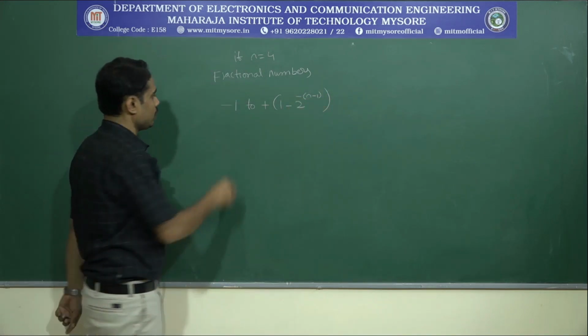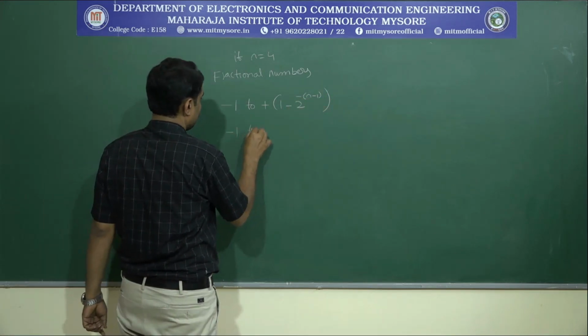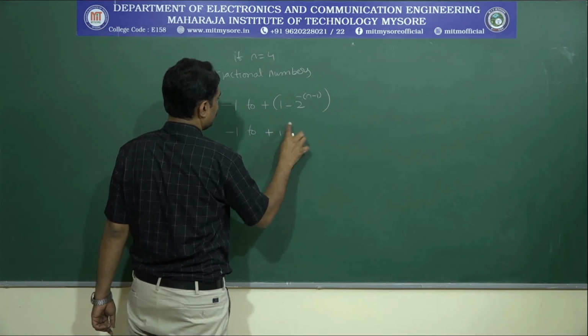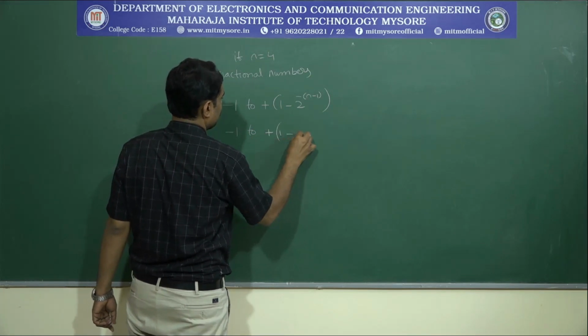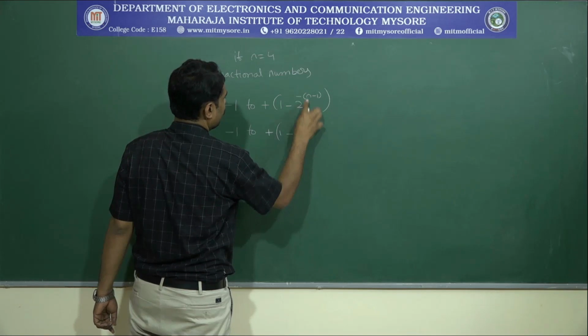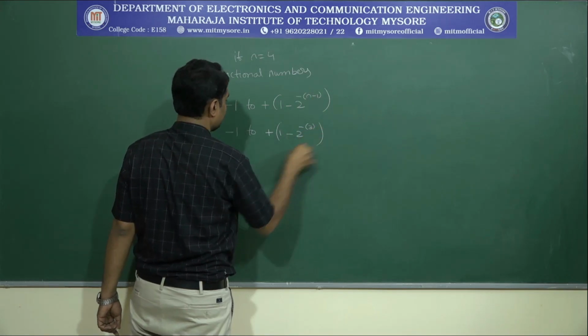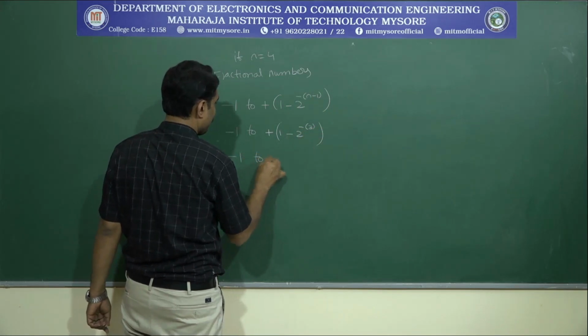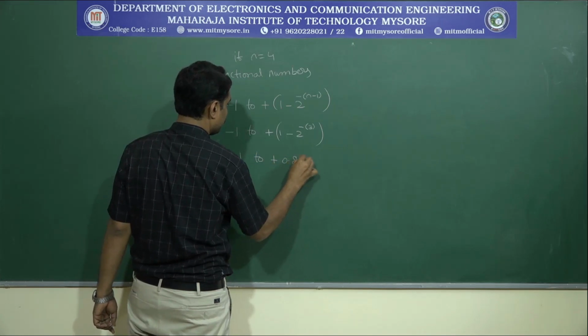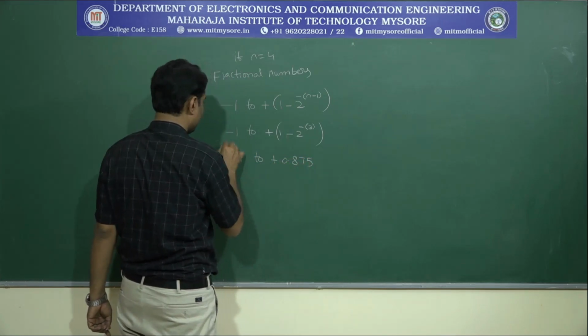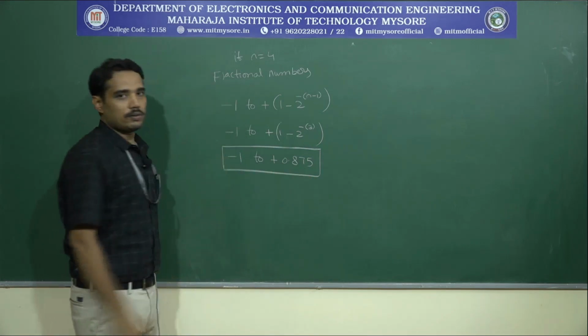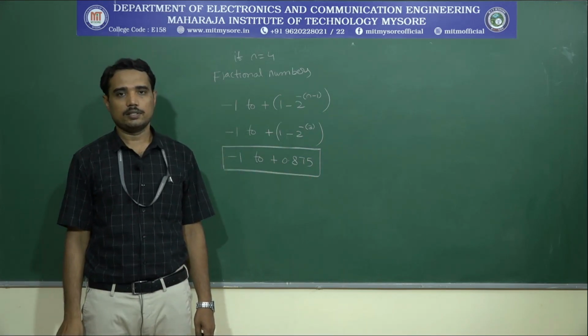This is the condition. Thereby, if I substitute 4 minus 1, that is 3, we get minus 1 to plus 0.875. This is the range of numbers for fractional numbers. Thank you.